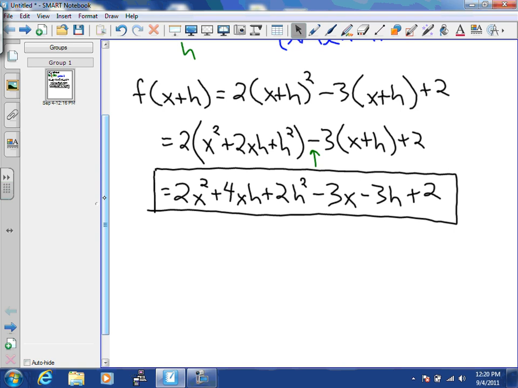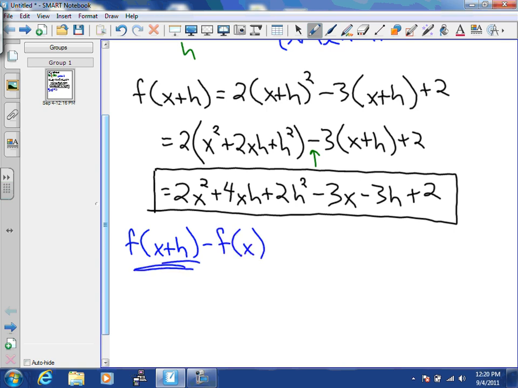The next thing we were asked to do, it was a 3-part problem, and on the answer sheet that I gave you guys, I forgot the other 2 parts. I did put them on the board. Hopefully most of you copied those down. But next we're going to do f of x plus h minus f of x.